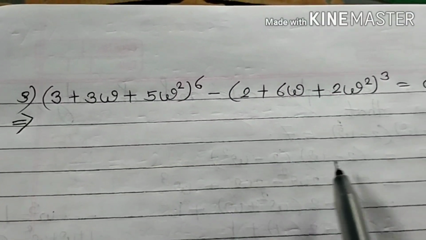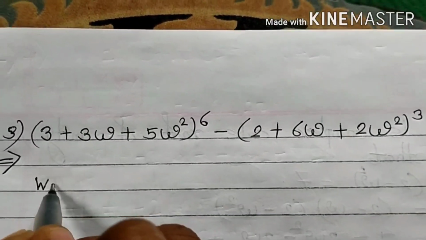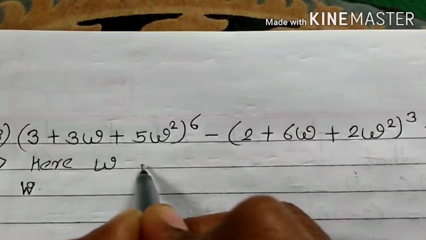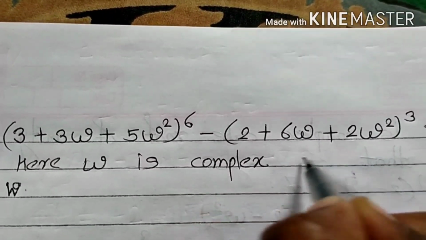Now next example, we have to show that it is 0. So we know that omega is a complex cube root of unity.